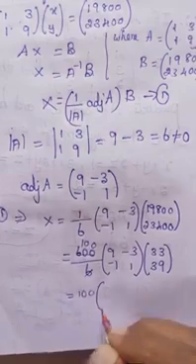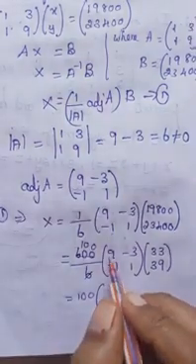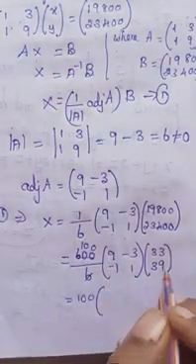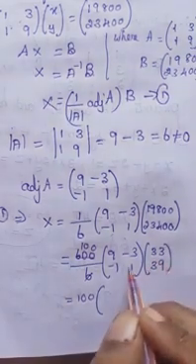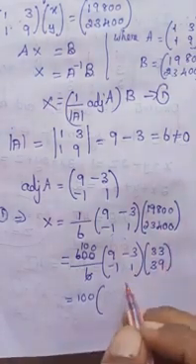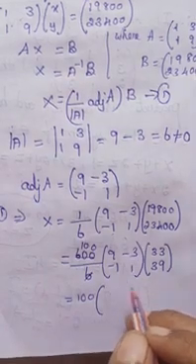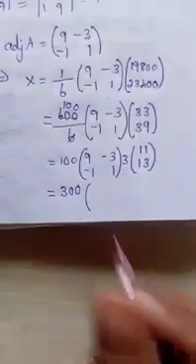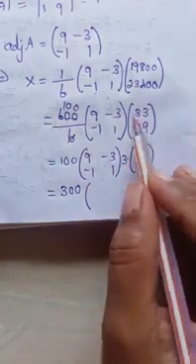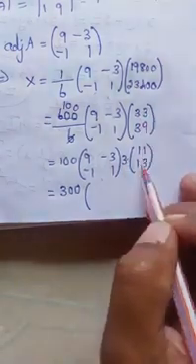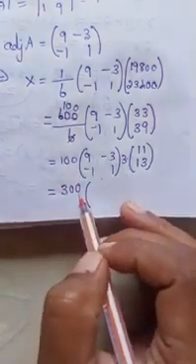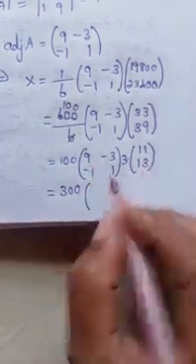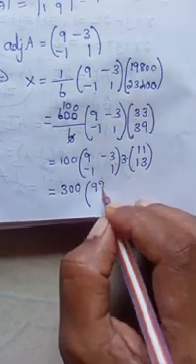So 100 into, now we can multiply. 9 into 33. Or again, see, 3 is common. If you want, we can take it out and then multiply. So 3 into 11 is 33, and 3 into 13 is 39. So 100 into 3, 33. Now we can multiply. 9 into 11, 99.